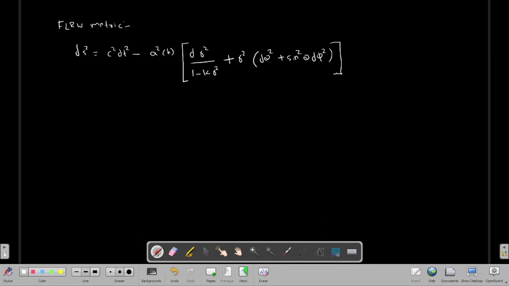So this is our FLRW metric, and this takes care of the homogeneity and isotropy of the universe.